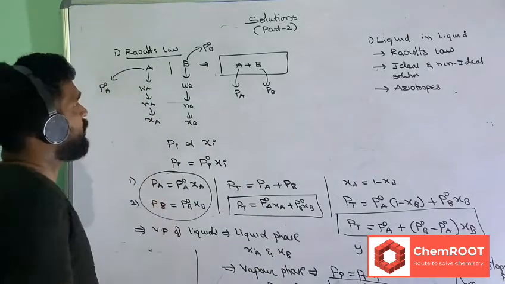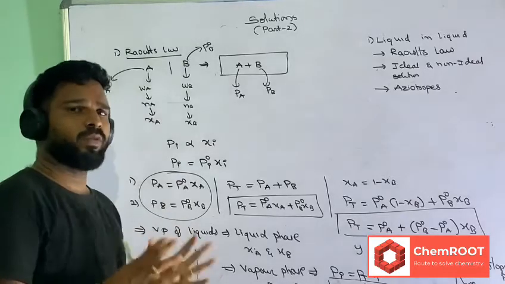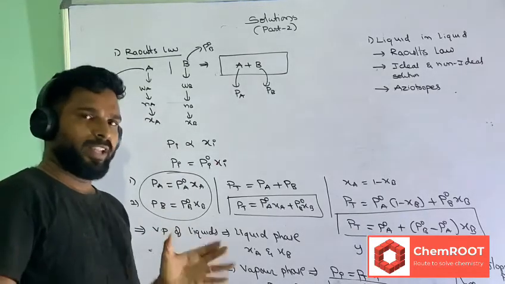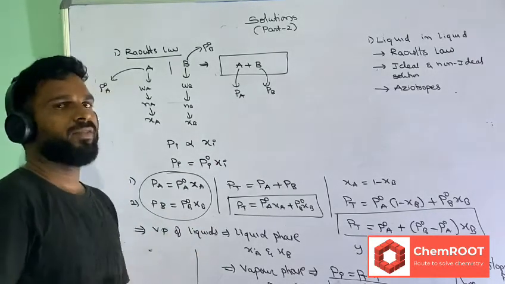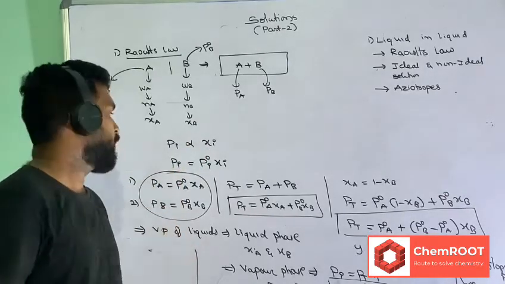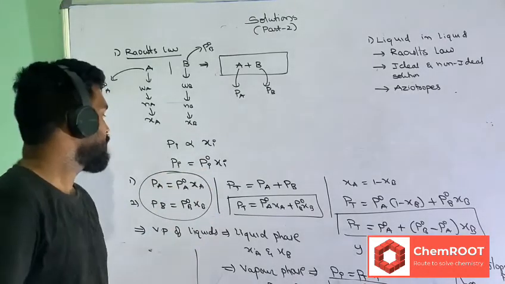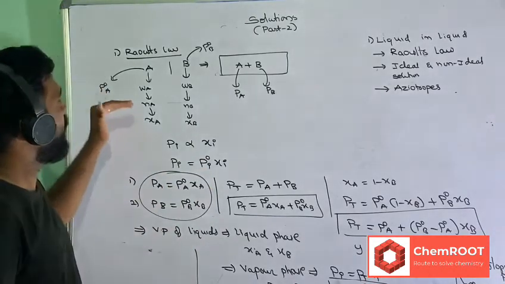Okay, so what we have discussed till now is Raoult's law. What is it saying? If we take a solution of two volatile liquids, the vapor pressure of any component is directly proportional to its mole fraction. The constant is the pure vapor pressure, and we are taking A and B liquids.